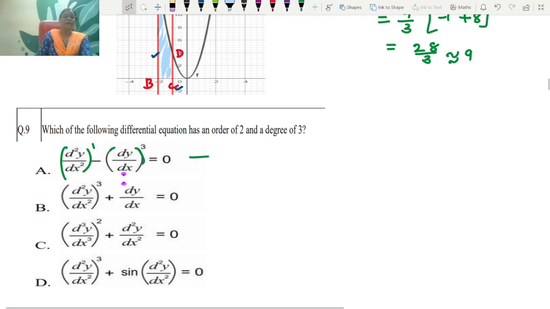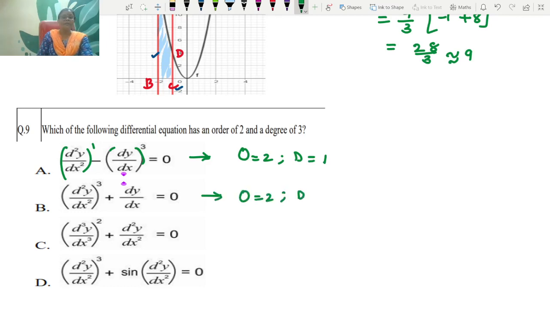इस एक्सप्रेशन में हाइएस्ट ऑर्डर 2 है, 2 का डिग्री 1 है, तो इस डिफरेंशियल इक्वेशन का ऑर्डर is 2 but degree is 1. नेक्स्ट ऑप्शन का ऑर्डर is 2 and the degree is 3. Fine, क्योंकि d2y upon dx होल क्यूब है तो डिग्री उसका 3 हुआ है, dy on dx डिग्री 1, तो हाईएस्ट ऑर्डर का डिग्री देखिए। और सेकेंड वन का, order is 3, degree is 2, so this is ruled out.